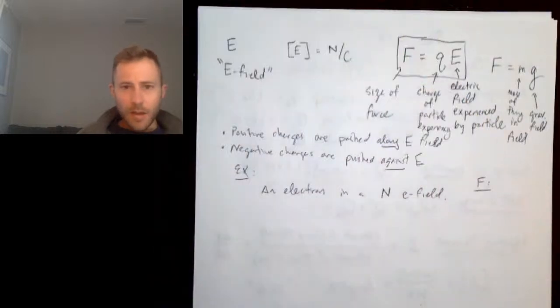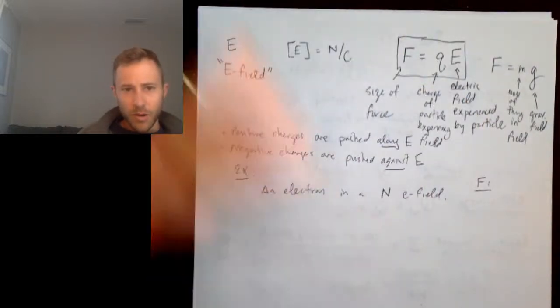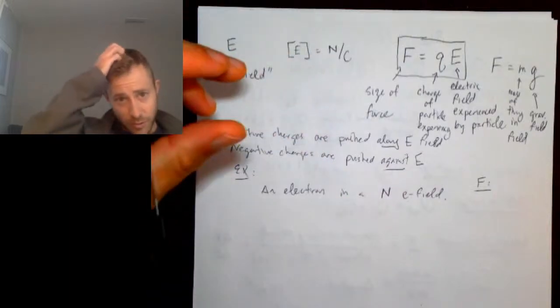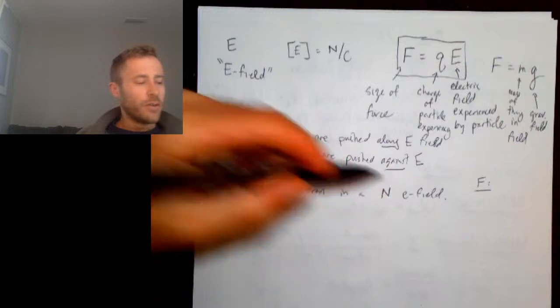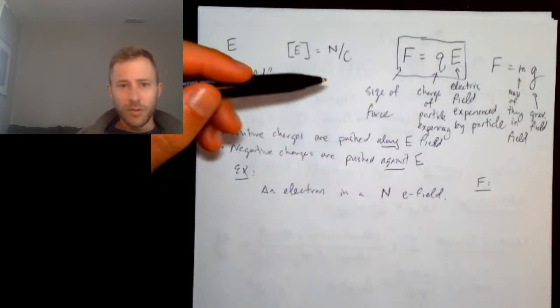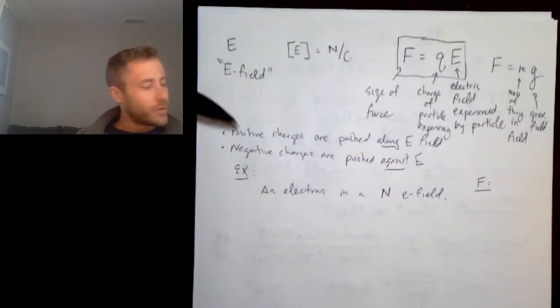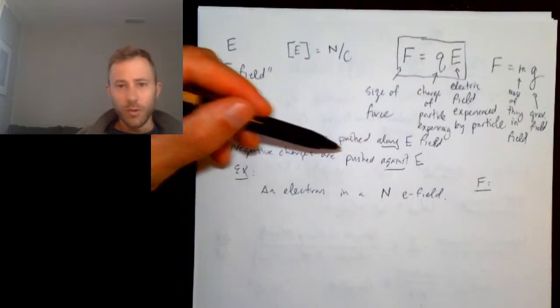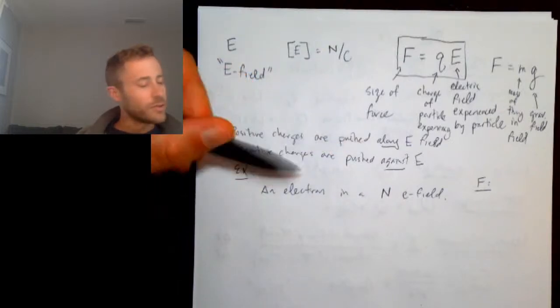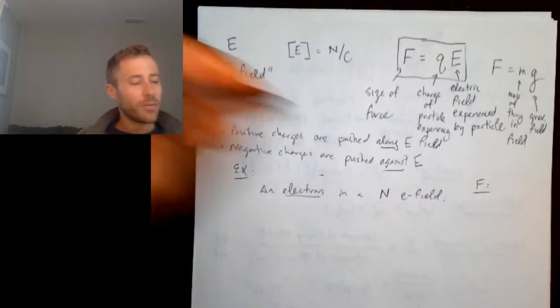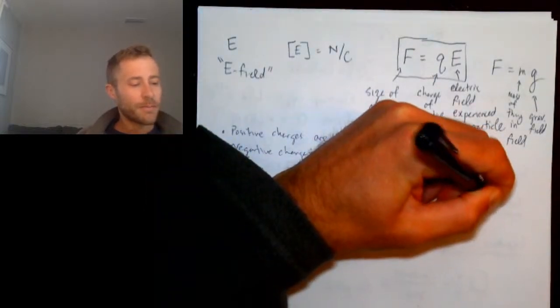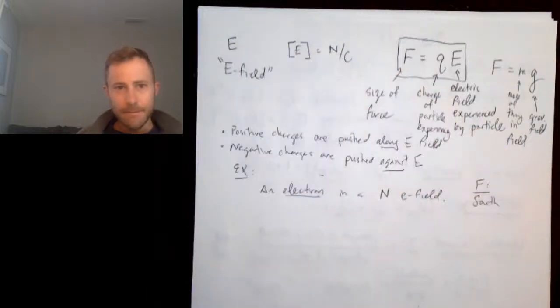I'm not worried about the size of the force, just the direction. If you're in a north electric field, positive charges are going to get pushed north. Negative charges, such as an electron, are going to get pushed south.